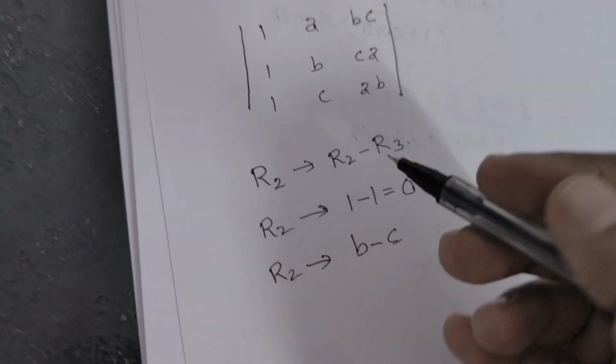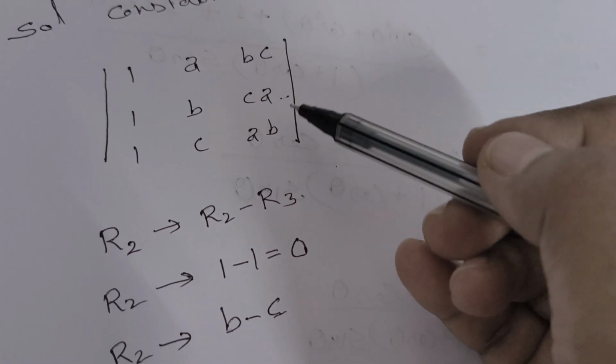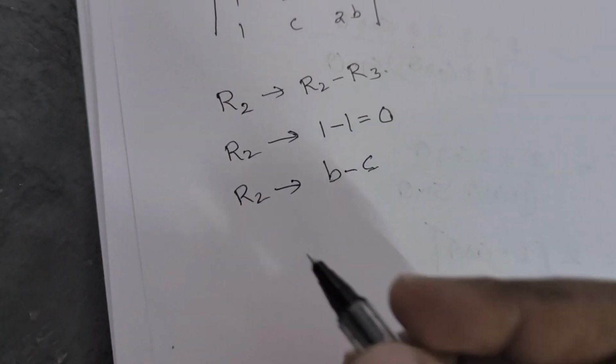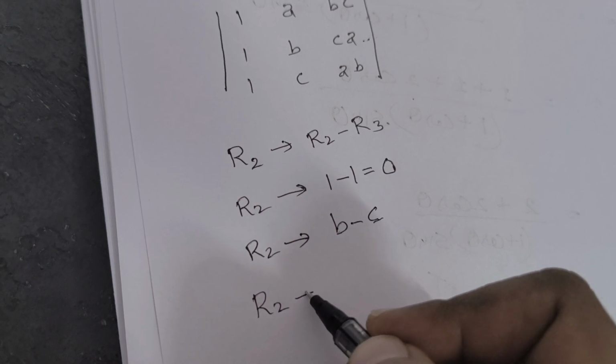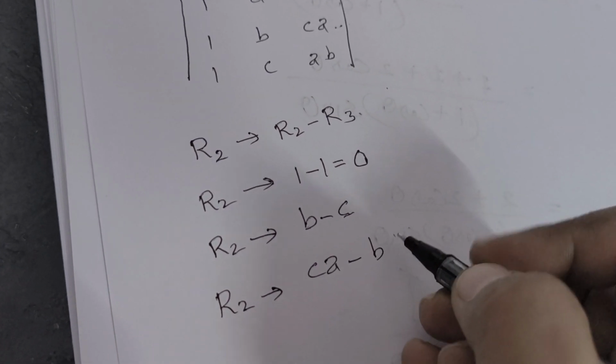Next, r2 third term ca, r3 third term ab, so ca minus ab.